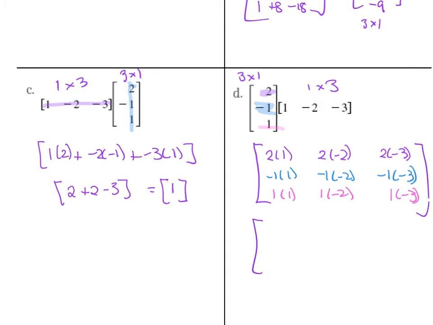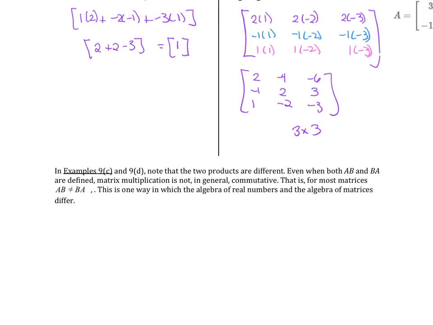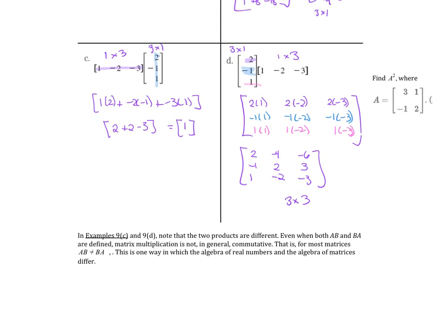So then we get 2, -4, -6, -1, 2, 3, 1, -2, and -3. So when we go the other direction, 3 by 1 by 1 by 3, notice our resulting dimension is 3 by 3. So in example 9C and 9D, note that the two products are different.